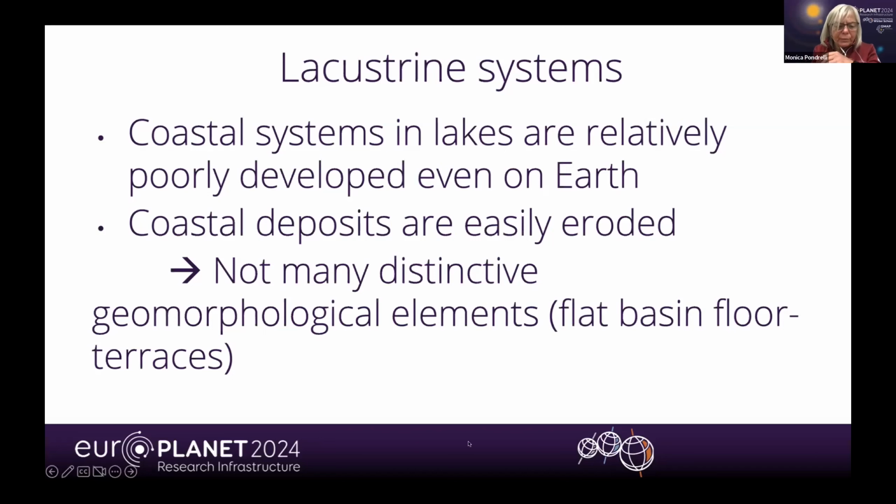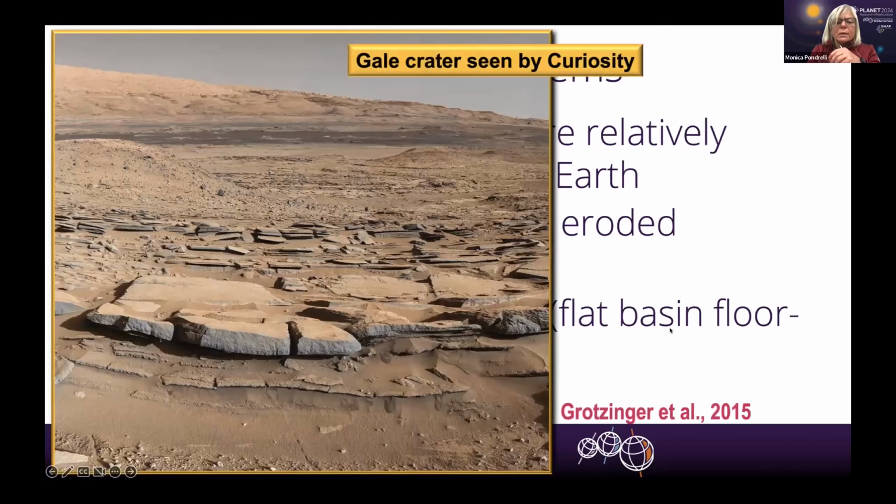We can have some terraces, which are the remains of these coastal systems, but the most important geomorphological element is the flat bedding form. This is an example from Gale crater, as seen by Curiosity, the floor of a coastal system.